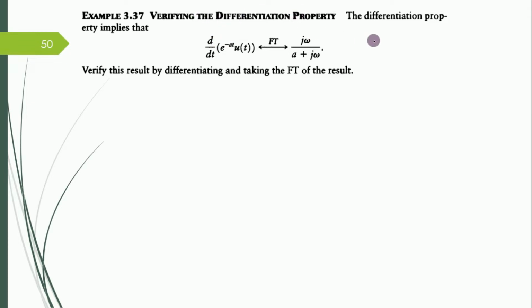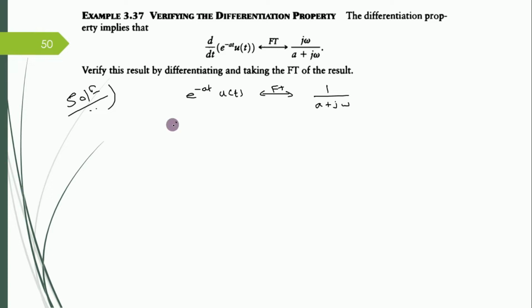So here we have been asked to verify the differentiation property, d by dt of e raised to minus at u of t. Its FT pair has been given. You need to verify its result. So quite simple, because we already know the FT pair of e raised to minus at into u of t. We have just now checked. Its FT pair is 1 divided by a plus j omega. We already are aware of it.